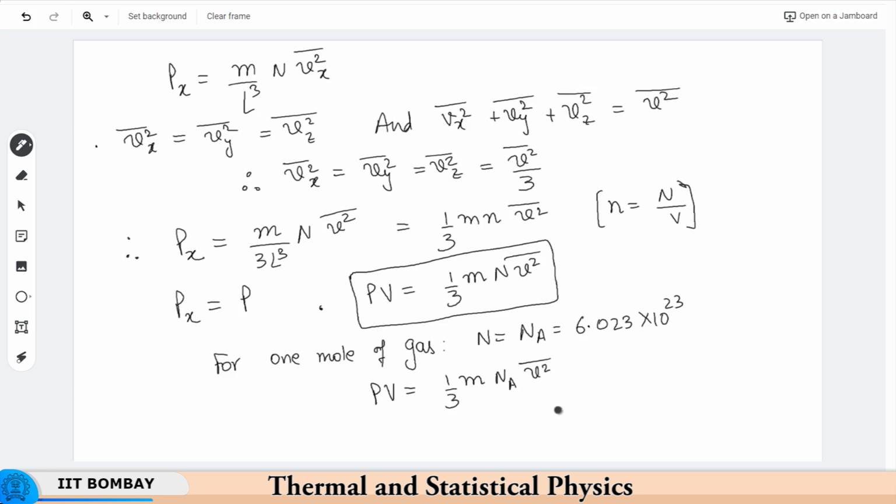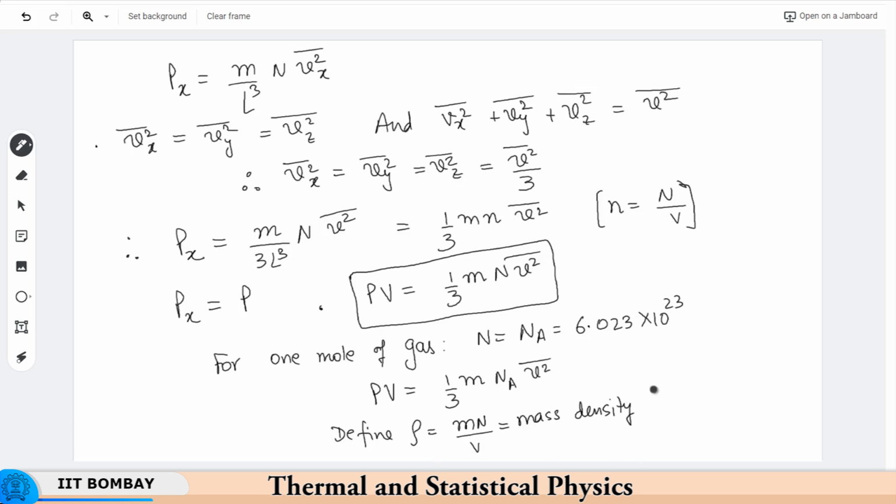That is another way to write this equation. Another way: remember what is m times n. m is the mass of one molecule, n is the total number of molecules. So m times n is basically the total mass of these molecules. If you divide m times n by V, that will give you the mass density. So define rho, which is equal to m n by capital V, as mass density.